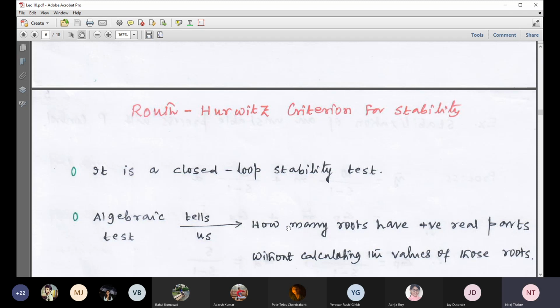An interesting point is that it's an algebraic test and it tells us how many roots are present in the right half plane without calculating the values of those roots.